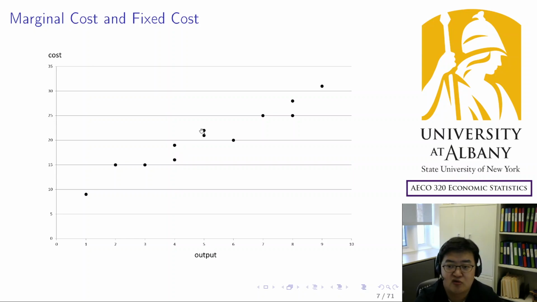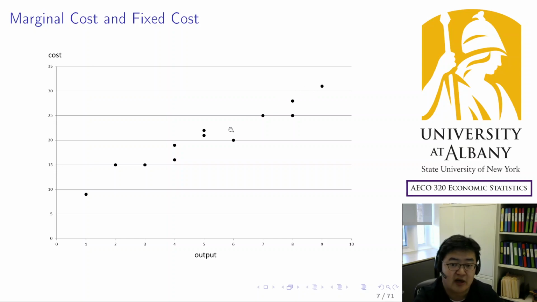And also there are 2 other months producing 5 units. Their cost is closer but different. So even if you produce the same amount, still the observed total costs are different for some reason. That happens. So I don't know why, but this happens in data. So you have to acknowledge that, admit that. So then find a way to understand and handle those errors, right?